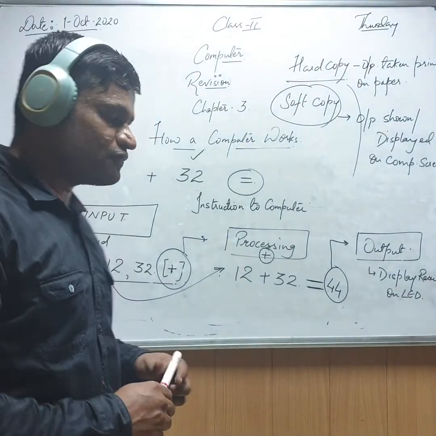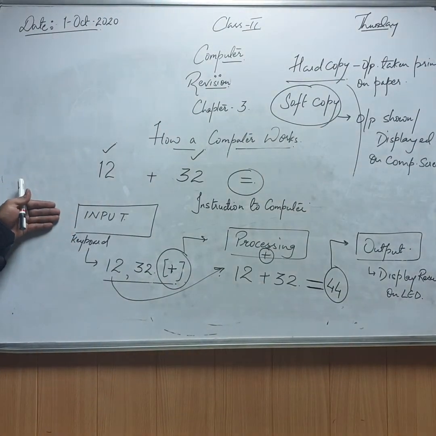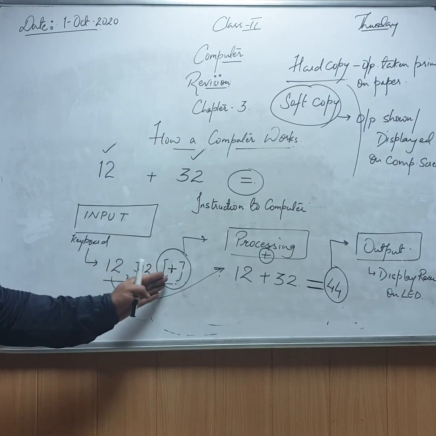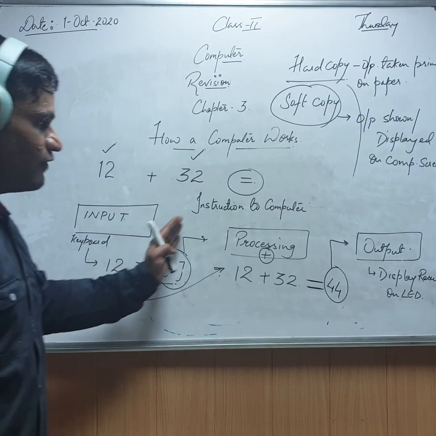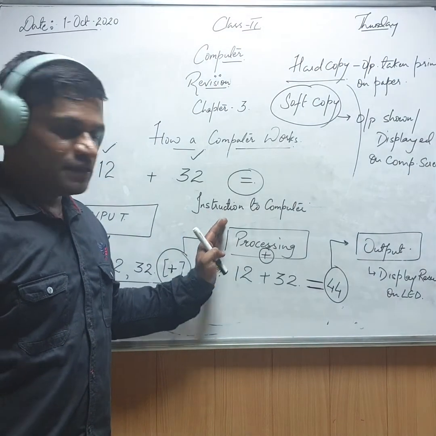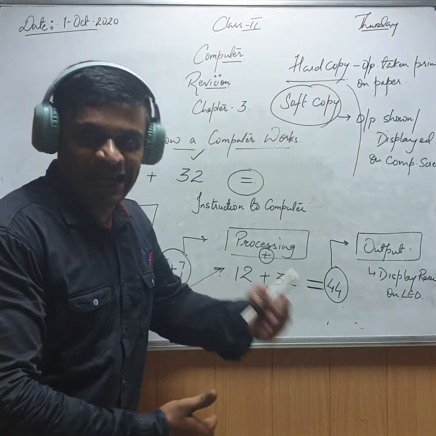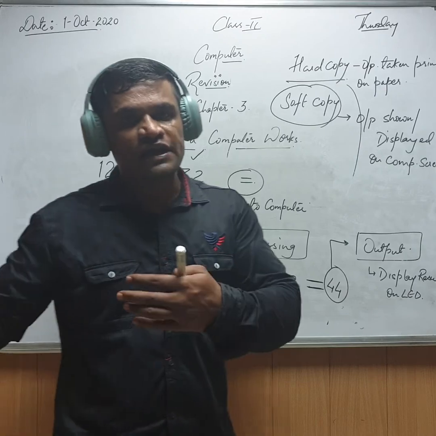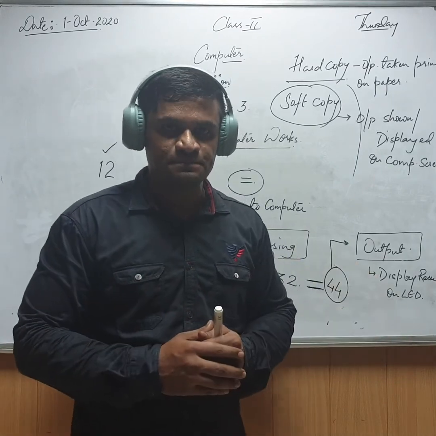And what are the steps of the cycle? First, it will take input from the user by using the input devices. Whatever input and instruction is given will go for processing. The computer will process, calculate, and evaluate the instructions and the data received from the user.